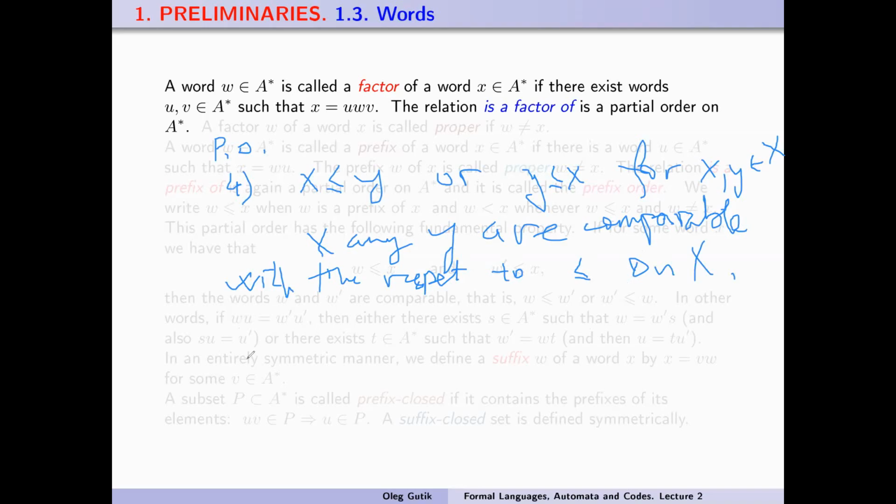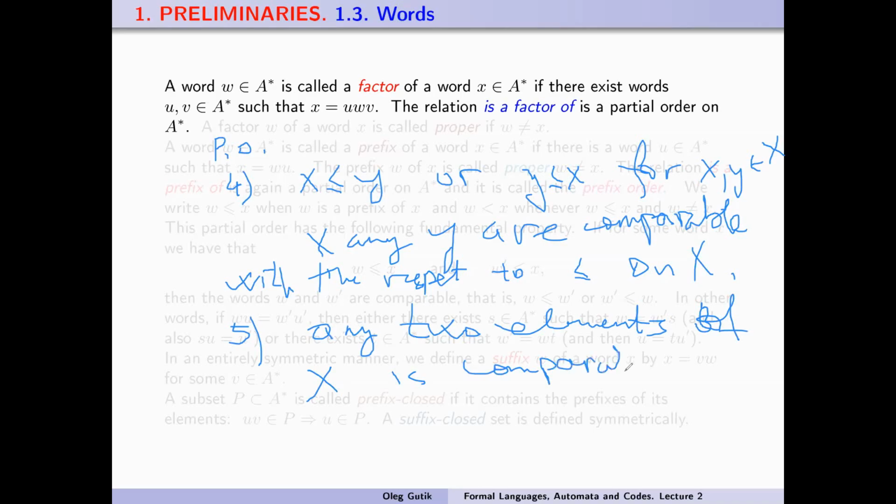And when the partial order has the following property, that any two elements of X are comparable, then the partial order is called a linear order on X, or total order.